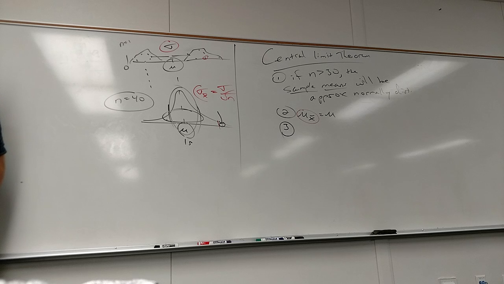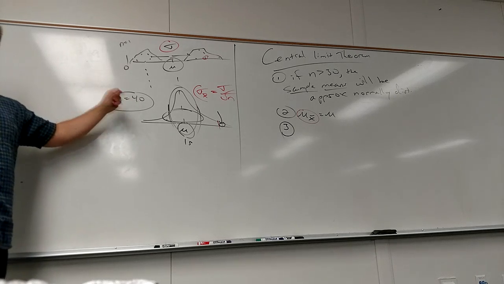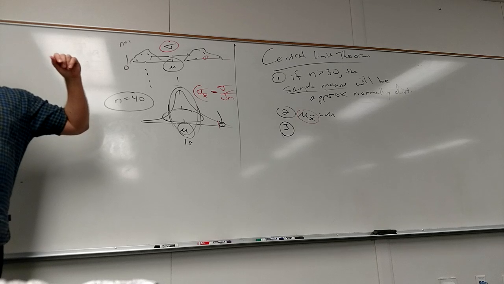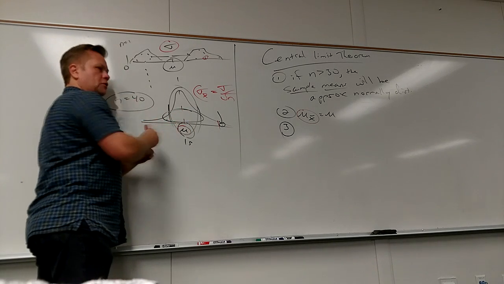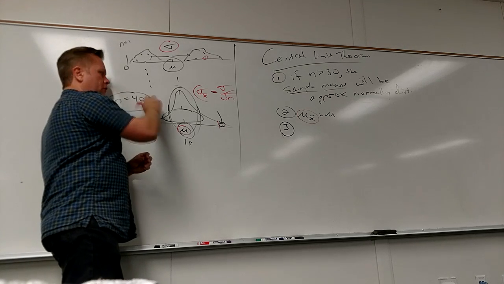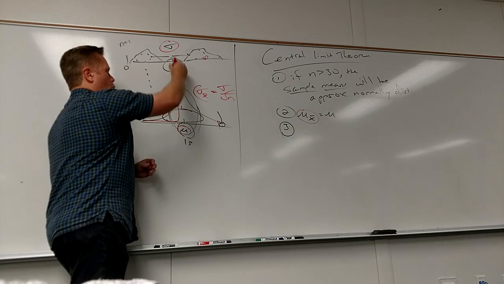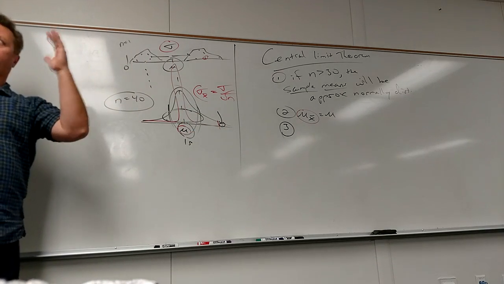Now let's at least make sense of parts of this. If I take a larger and larger sample, like if I take 40 people, that group should be close to the mean. If I take a sample of 400 people, it should be really hard for the average to be far off.